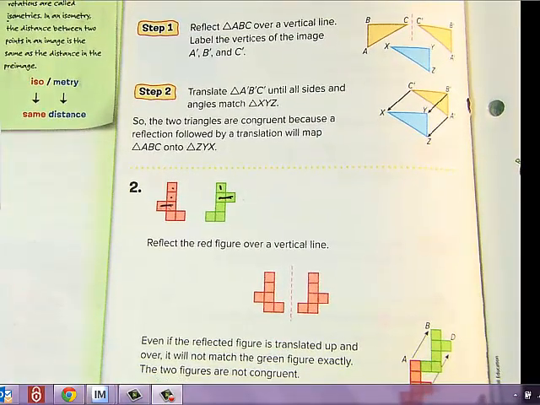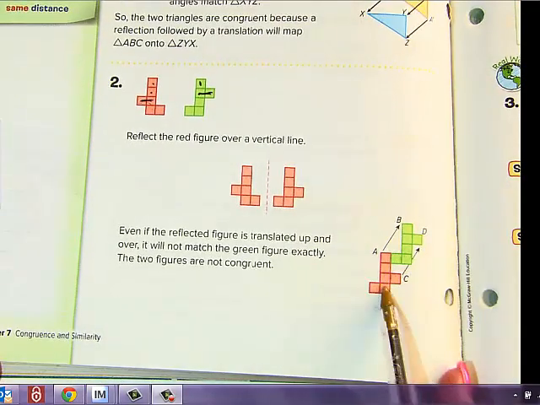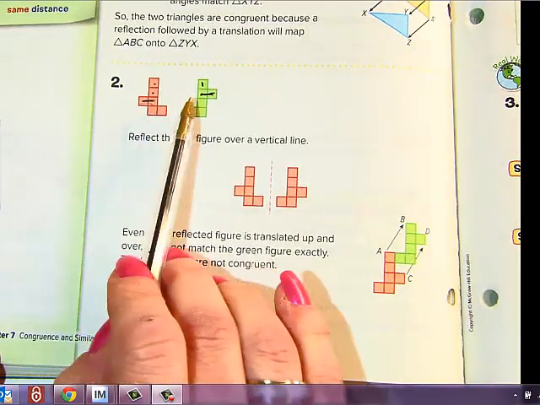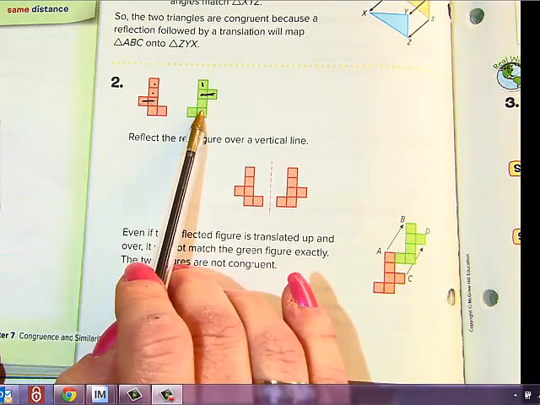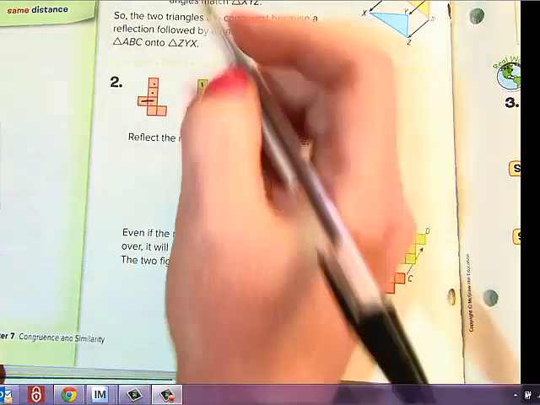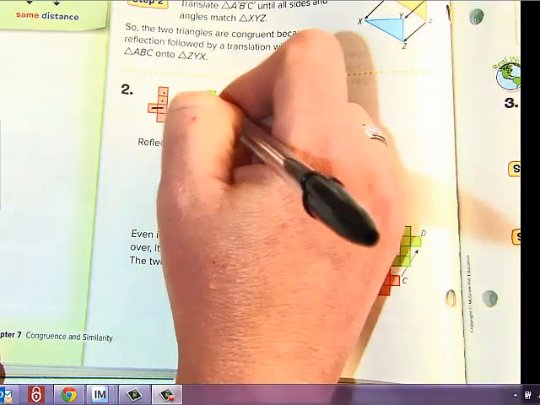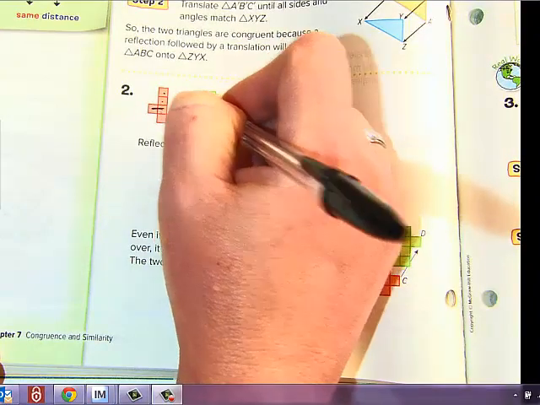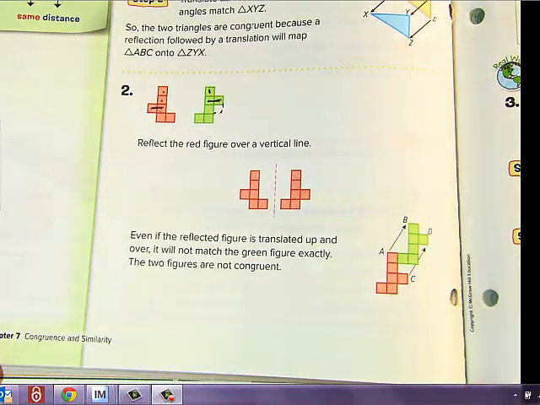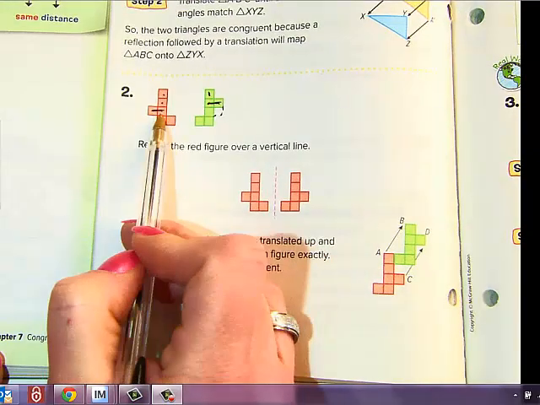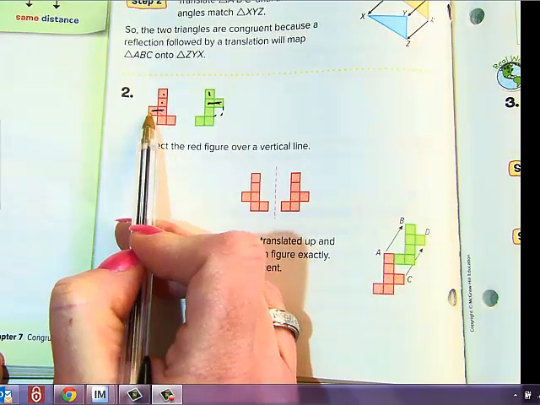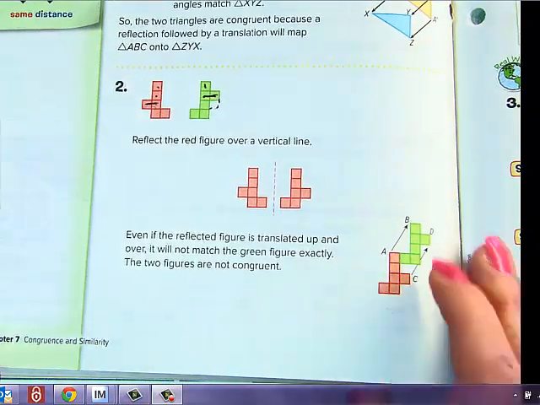Well, the answer is no, because even if I flip this one over, would it lay exactly on top of this one and be identical? No. If the red one was flipped over, I would have a square right here, because that's where the red one has its square on the side, okay? So no, these are not congruent.